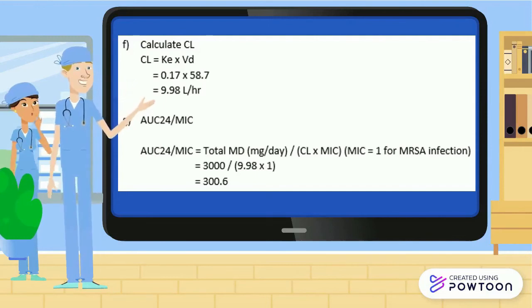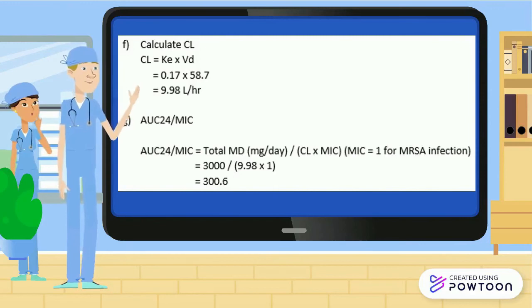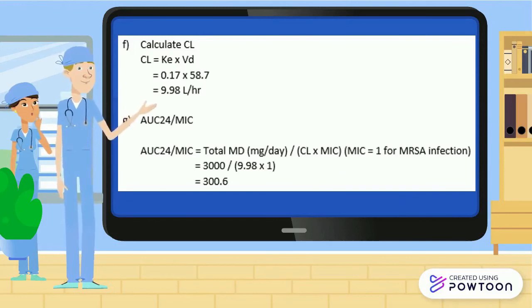Next, the AUC over MIC is the total maintenance dose per day divided by the clearance times the MIC, which for MRSA infection will be equated as 1. We get an AUC over MIC of 300.6, which can be deemed an appropriate dosing regimen for this patient, as it is more than 125.